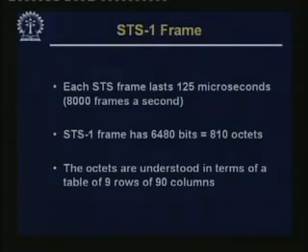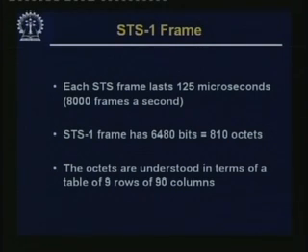That means a lot of channels can travel together in this 125 microsecond frame. So, this is the idea. Each STS frame lasts 125 microseconds. How many bytes are going in there depends on whether it is STS-1 or STS-2 or STS-N, etc. 125 microseconds, as I mentioned, is 8000 frames per second.